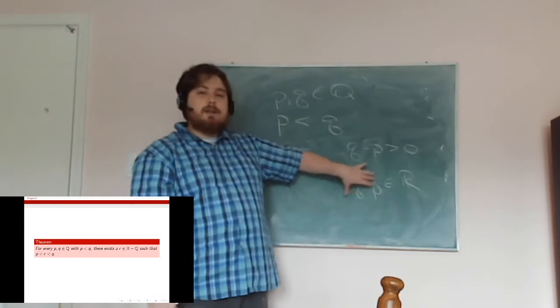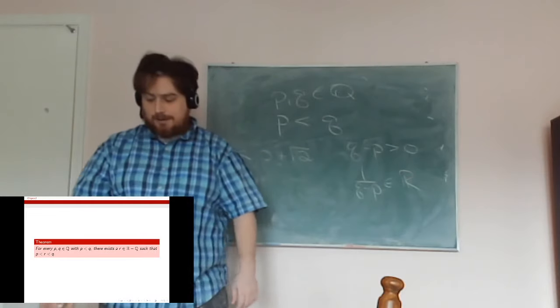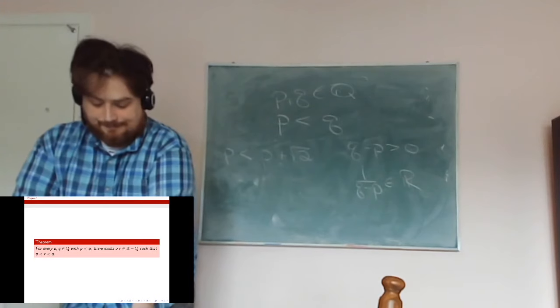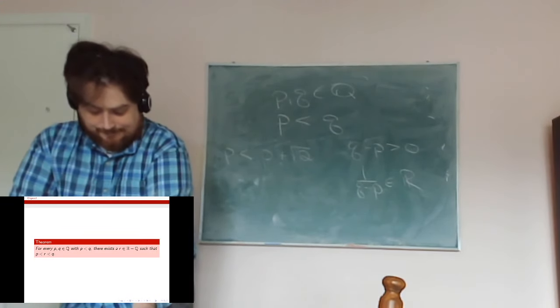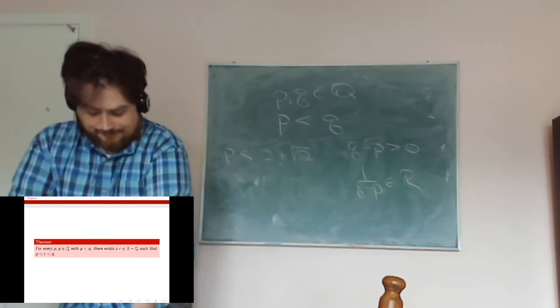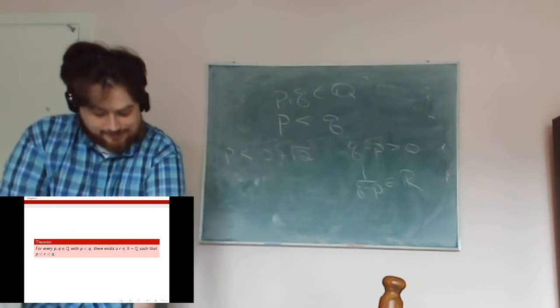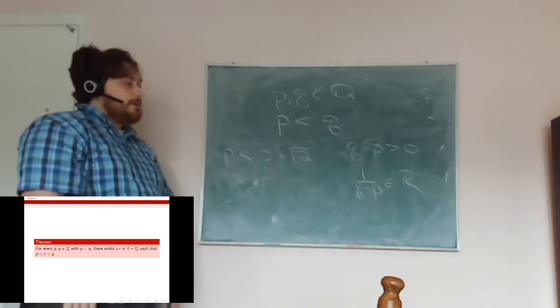If I take any real number, can I always find something bigger? That's my question. Just a yes or no. Yes. Thank you, Penguin. So yes, I can always find a bigger number.